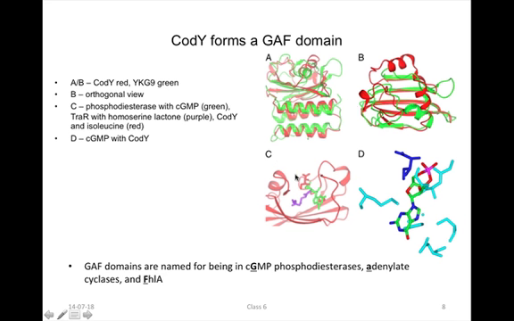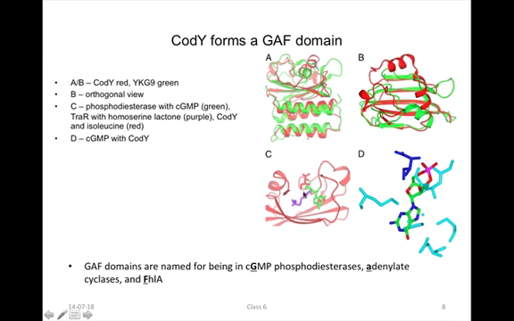In letter C, what they've done is put three different molecules in the center. Phosphodiesterase is green, TRA-R is purple, and isoleucine is red. Cyclic GMP is in there green too.